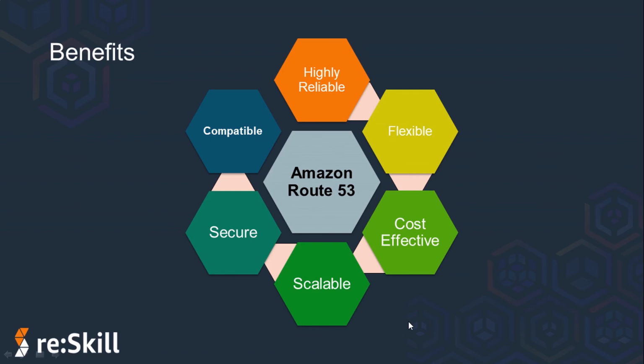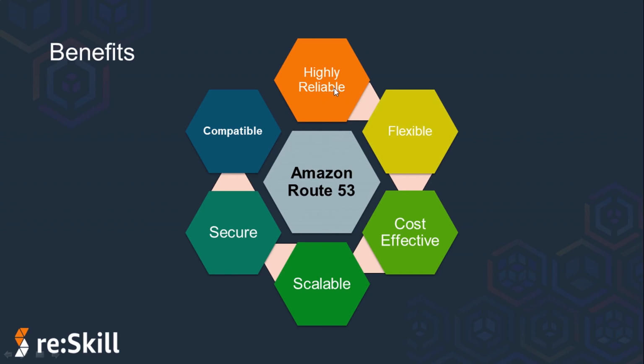Next are a few benefits of Amazon Route 53. Let's quickly finish these benefits, and that will be almost the last topic of this lesson. The first benefit is that it is highly reliable. Amazon Route 53 is built using AWS's highly available and reliable infrastructure, and the distributed nature of our DNS servers helps ensure a consistent ability to route end users to the application.